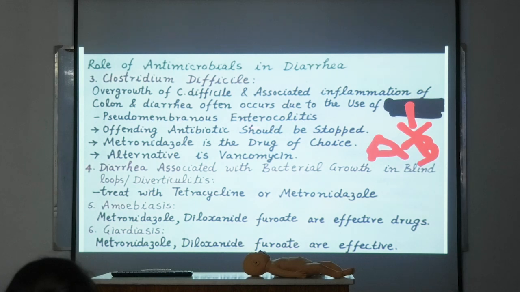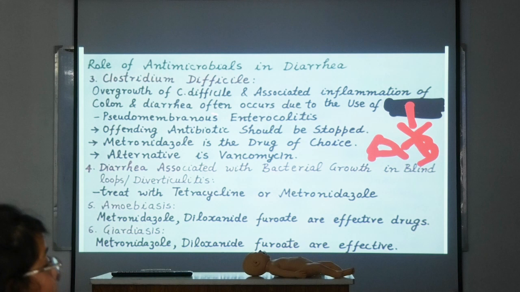ঠিক আছে, Clostridium difficile causes diarrhea, this diarrhea often occurs due to use of antibiotics, মনে রাখবি বড় করে আলাদা করে, antibiotics এর জন্য হয় Clostridium difficile diarrhea। কি হয়?